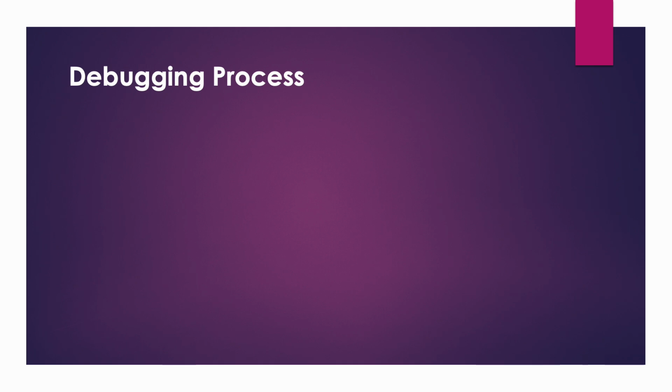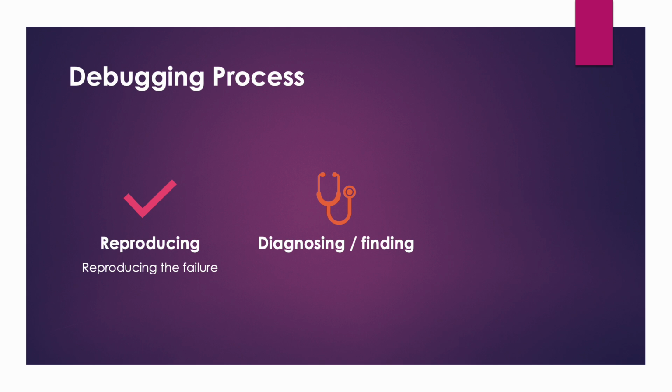Debugging is a systematic activity. It typically follows three major steps. Step 1: reproduce the failure. The developer needs to see the issue happening again to understand it. Step 2: diagnose and find the defect.